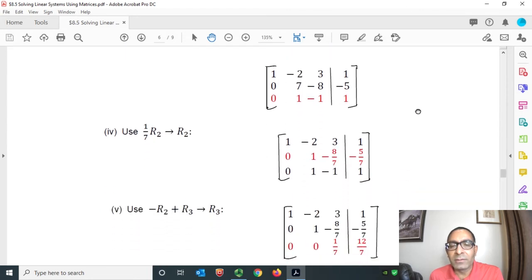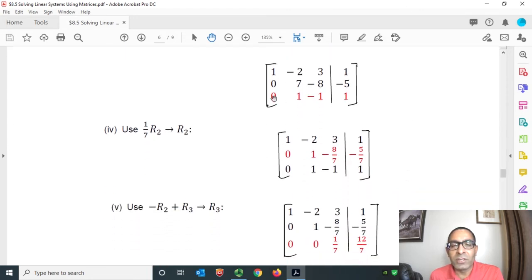So now we are here. Okay, we have 0 below this 1. That's great. So next we want to make 1 on this diagonal entry here. So we divide the second row by 7, first row and third row as it is.